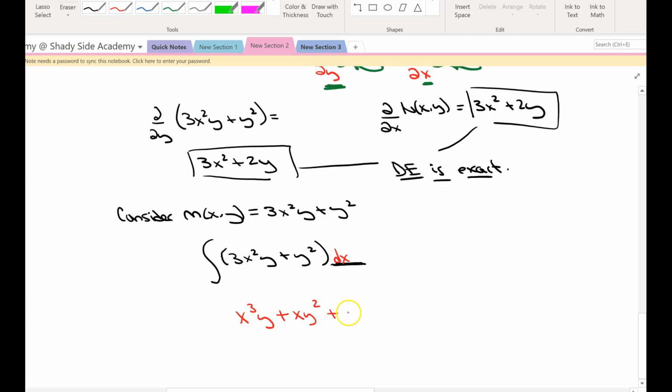I'm going to write plus a function of y, because if I'm anti-differentiating with respect to x, a function of y is treated as a constant. You understand? So this could be a function of y, for example, y cubed. It could also be 7, but the number 7 is a function of y, and it's also a constant. So constants play both roles.